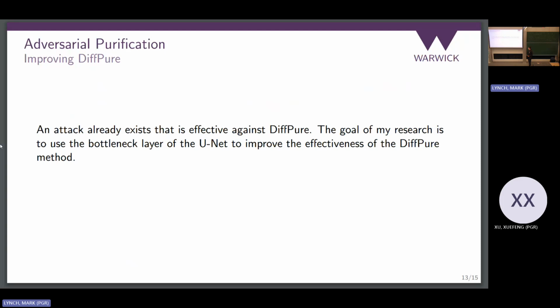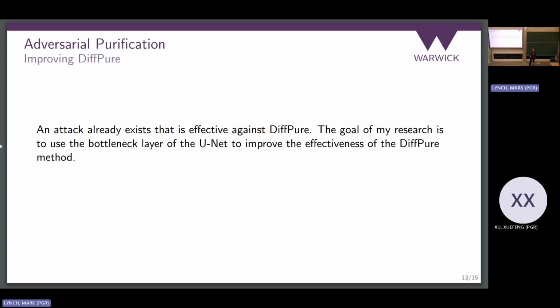So if we use our diffusion model to change semantics of the image whilst still maintaining the class, we can maybe have a more effective way of removing adversarial perturbations, is the general idea.